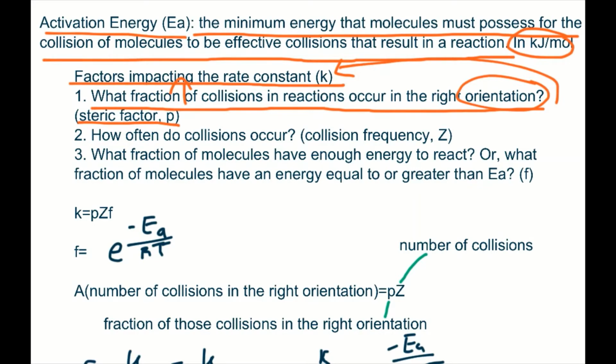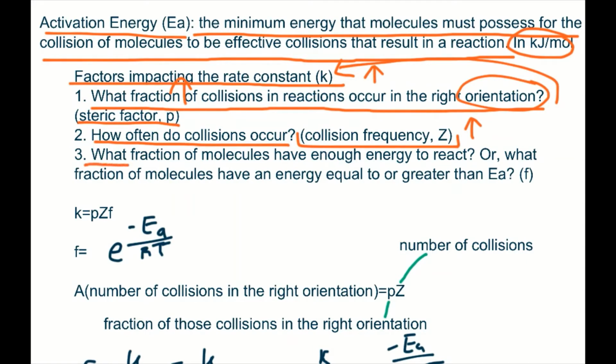Now the second point says, how often do collisions occur? And this is known as the collision frequency Z. So of course, the more often molecules collide, the more likely they are going to react, which means that the rate constant is going to increase, since the rate will increase if more stuff reacts.